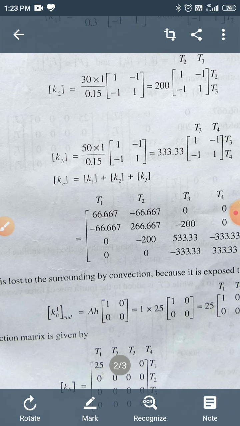Afterwards, we are going to consider this convection stiffness matrix, because the size of the global matrix is 4 by 4.